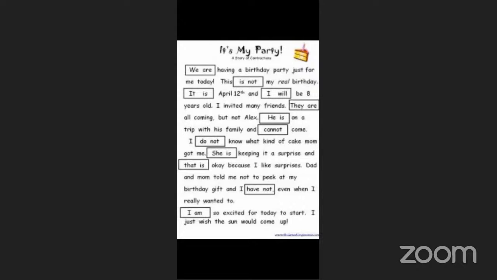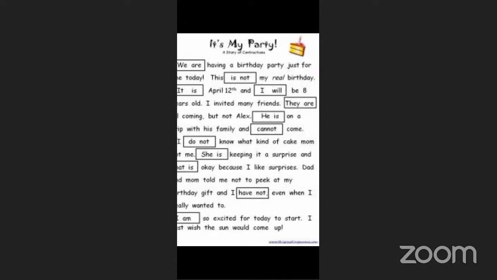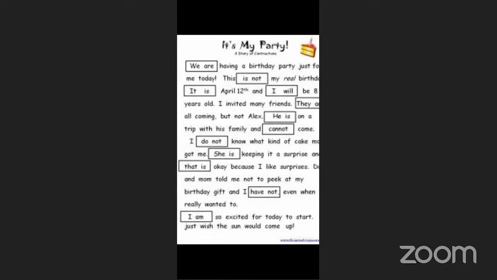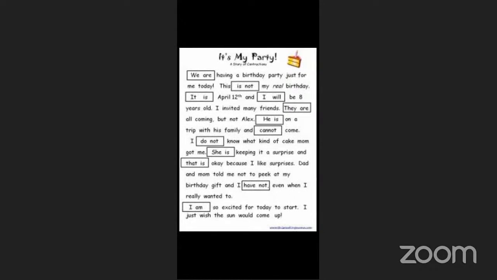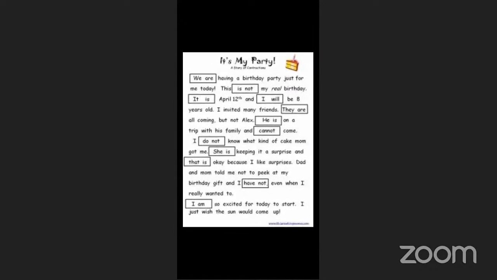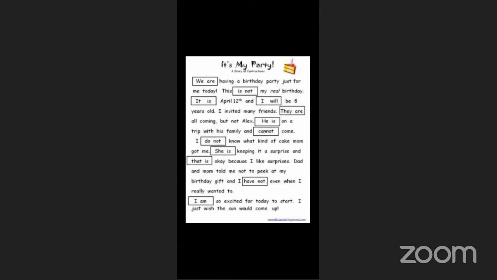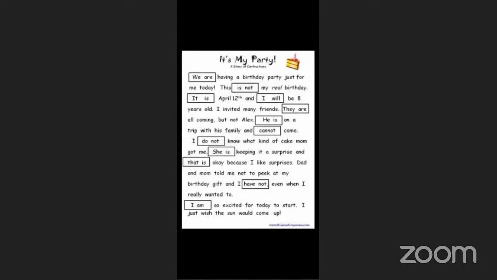Dad and Mom told me not to peek at my birthday gift, and I have not even when I really wanted to. I am so excited for today to start. I just wish the sun would come up.